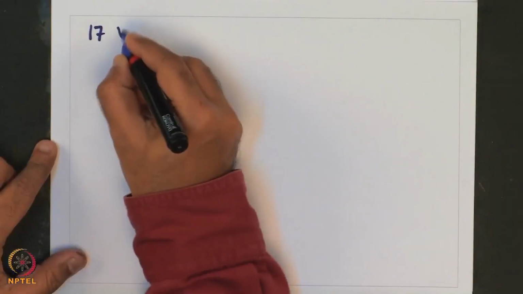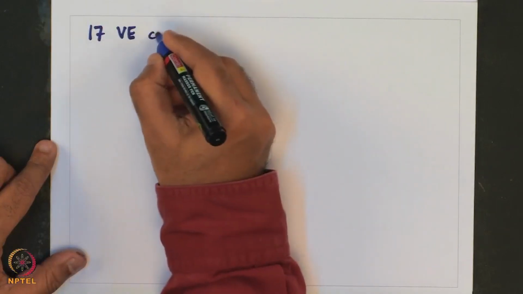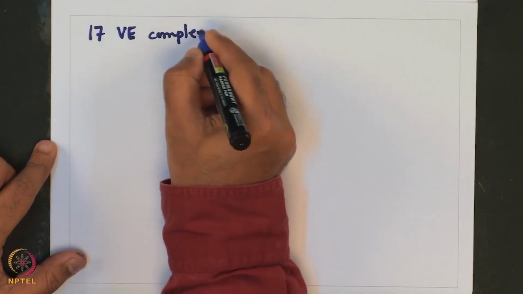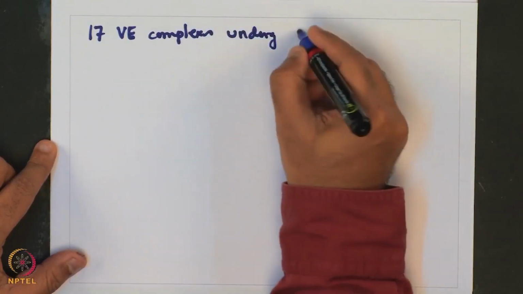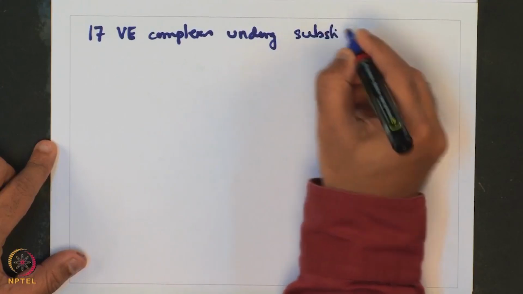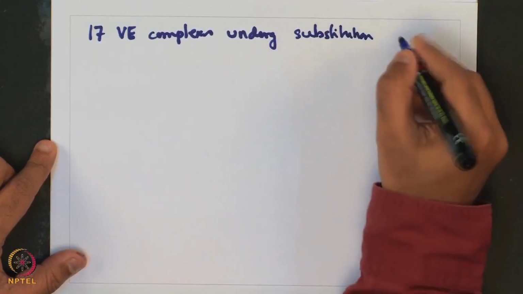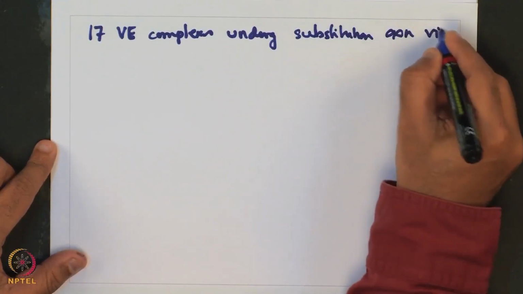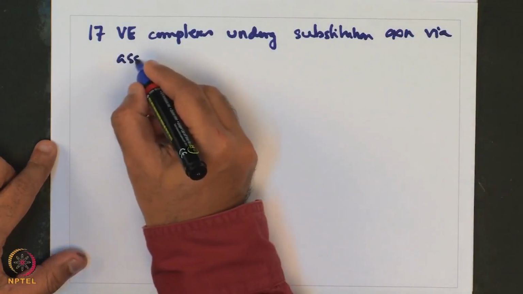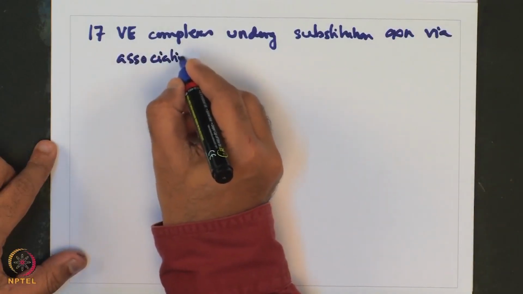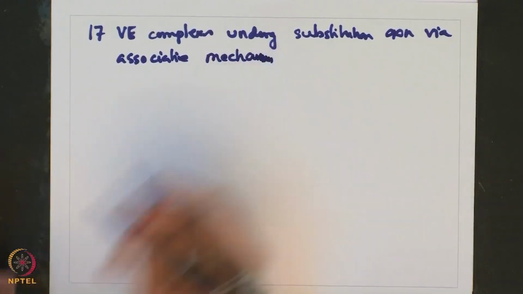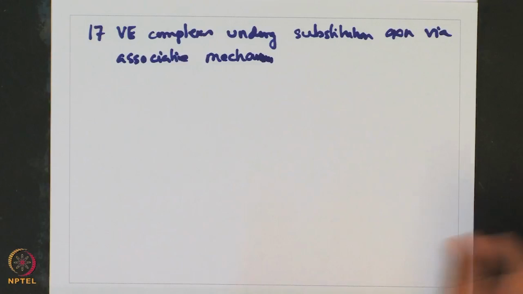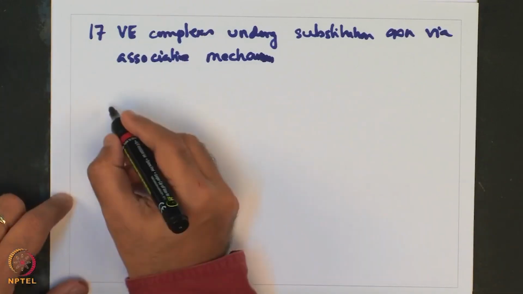So, 17 VE complexes undergo substitution reactions via an associative mechanism, and this is shown by the example given.